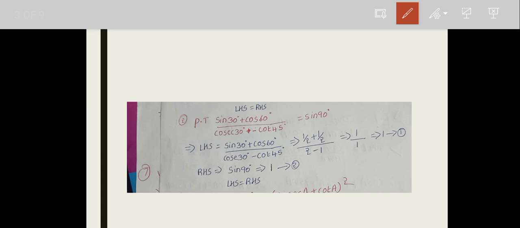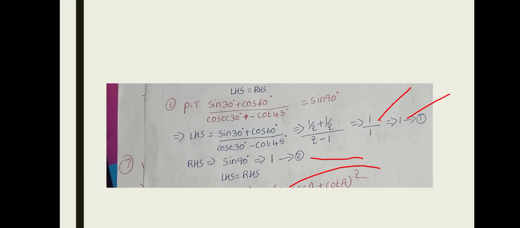It is 2, and we already know the cot 45 value is 1. 1 by 2 plus 1 by 2 equals 1, and 2 minus 1 equals 1. So 1 divided by 1 is 1 only. This is equation number 1. Then we take sin 90. Sin 90 is 1. So LHS equals RHS.